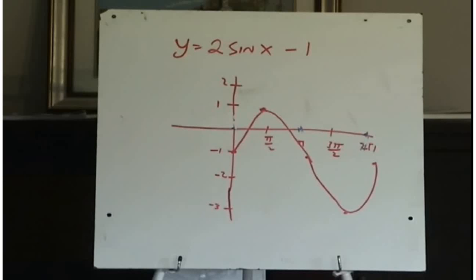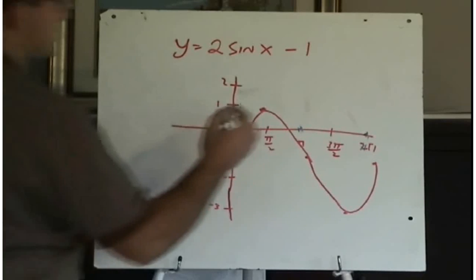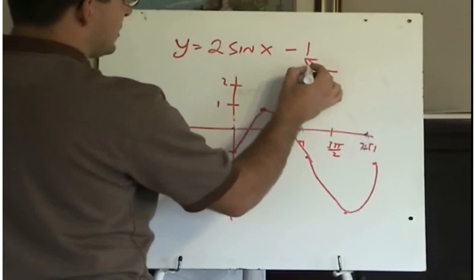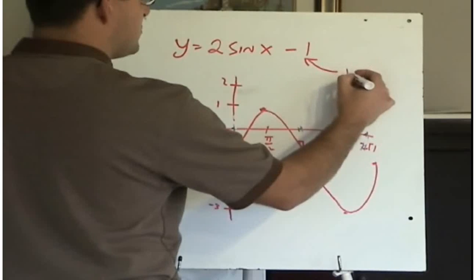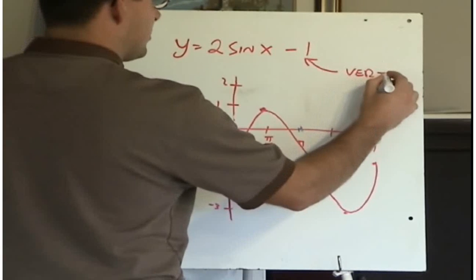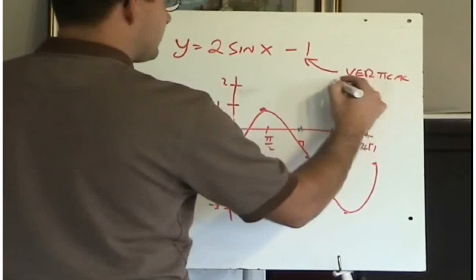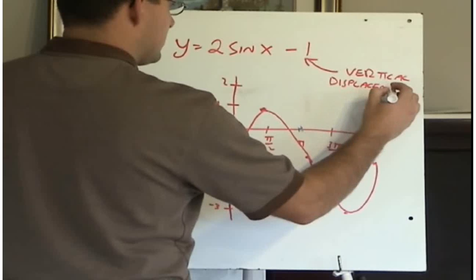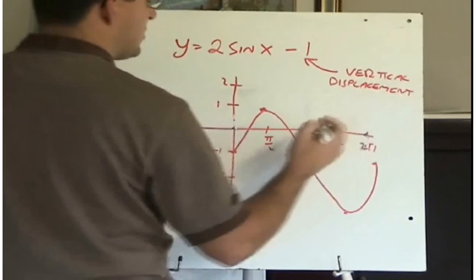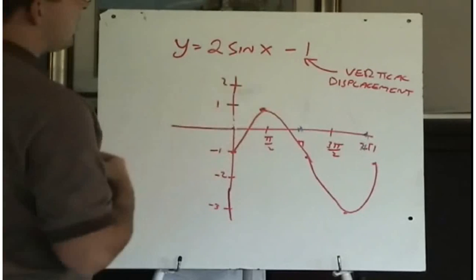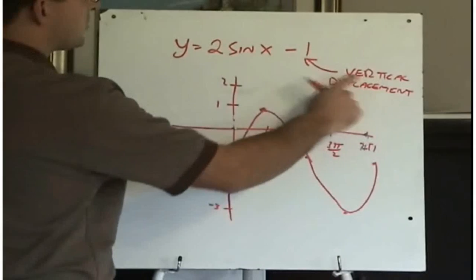Just going to point out a couple of things here. First of all, this number here, this vertical translation, this minus 1, we're going to have a new name for. We're going to call this the vertical displacement. Just a fancy name for our vertical translation at the end.